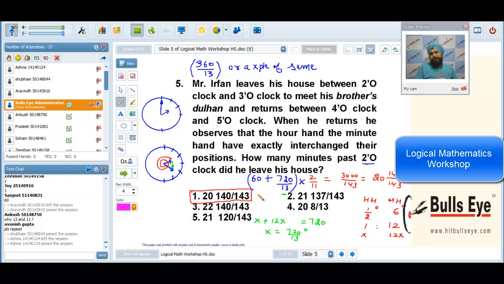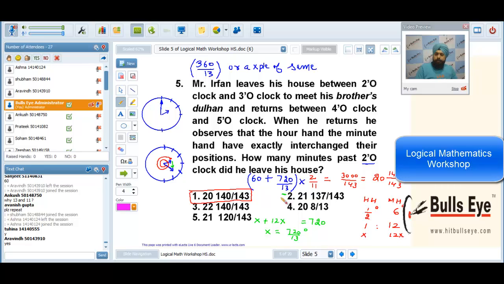Guys, if you still find a problem in the concept, just try to memorize this. Let me give you one more example wherein you can just answer this question. See, if I simply say he goes out between 1 and 2 and returns between 3 and 4.